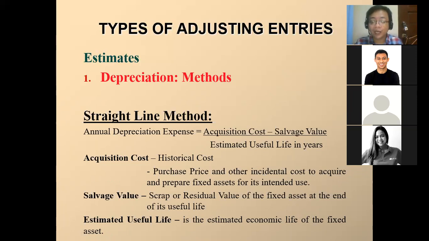Usually people buy a new car after 5 years. Buildings are usually 10 to 15 years. So it still depends on management, on how to assess the estimated useful life of the asset.